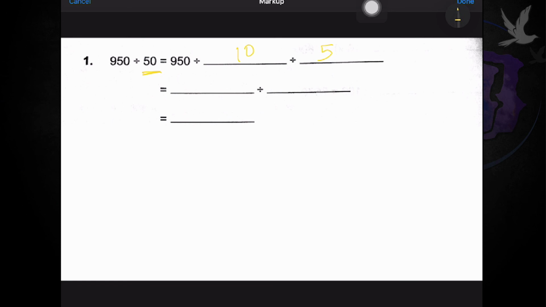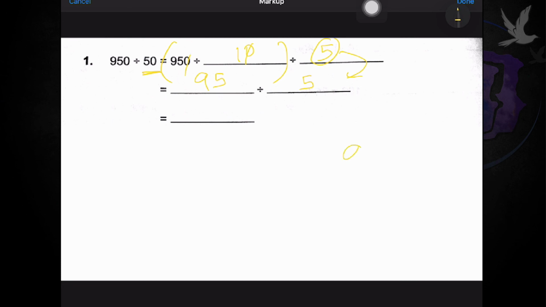So for example, for the next step, all you need to do is to do this process first. 950 divided by 10. This is what you have learned earlier. Canceling this zero here leaves us with only 95. And rewrite this value here. 95 divided by 5. Okay. What do you think is 95 divided by 5?